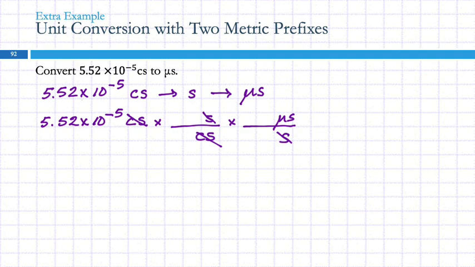Now I use the units to tell me where to put the numbers. So here I have seconds and centiseconds. I need to know what C stands for. So C represents 10 to the minus 2. So I have the C on the bottom, so I'm going to put the 10 to the minus 2 on the other side of the line. 1 times 10 to the minus 2 seconds is equal to 1 centisecond.